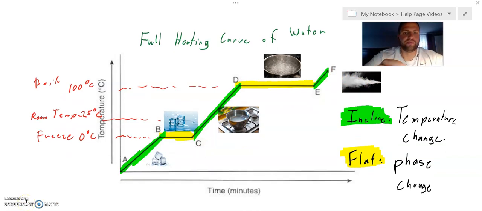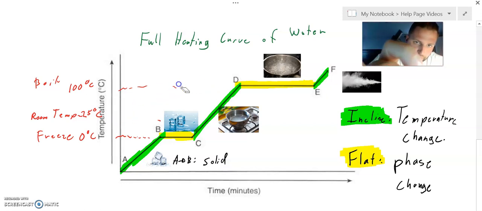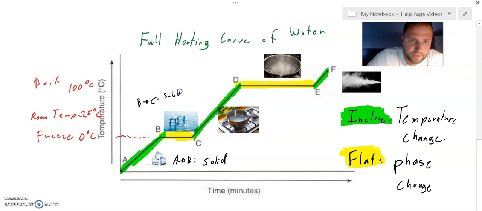Let's go ahead and label our states of matter for every section. So from points A to B, it is just solid. In section B to C, there's two states of matter. There's solids plus liquids.